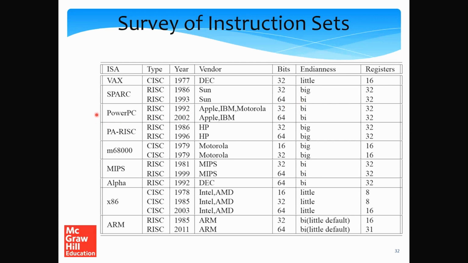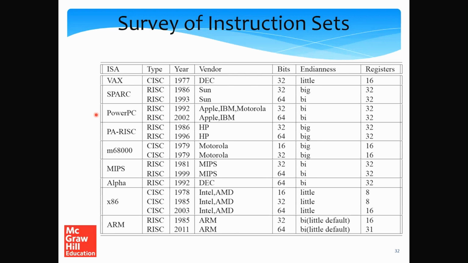Then we come to the PowerPC instruction set, which was mostly used by IBM, and later Apple and Motorola used it. PowerPC showed a similar evolution. They had a 32-bit instruction set in 1992, and then migrated to a 64-bit instruction set later on, and both of them were bi-endian with 32 registers.